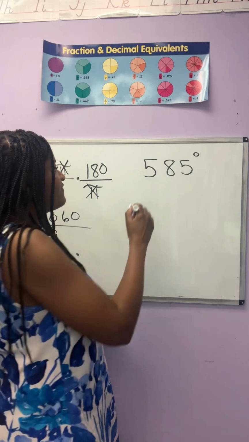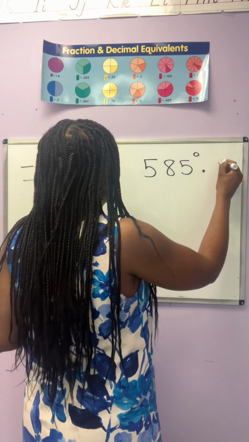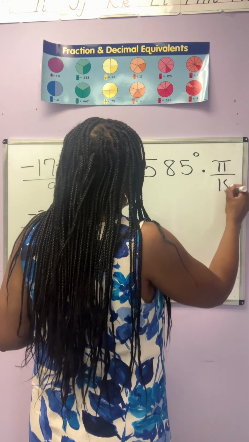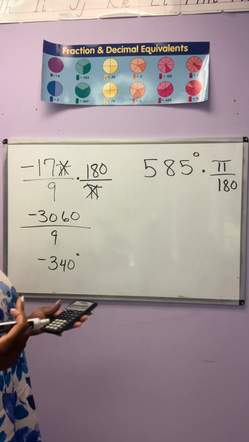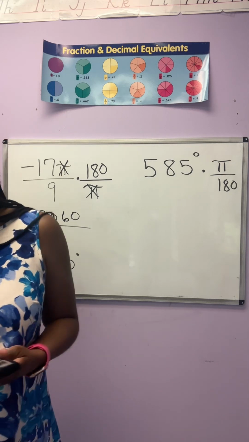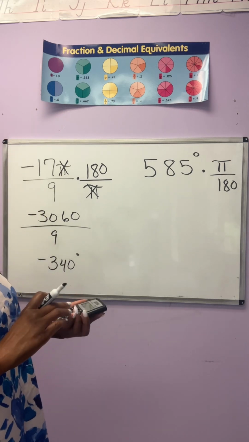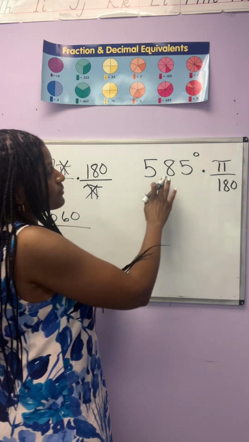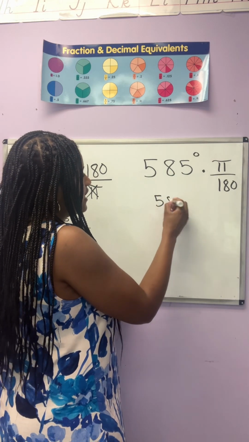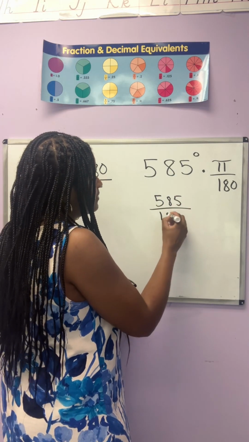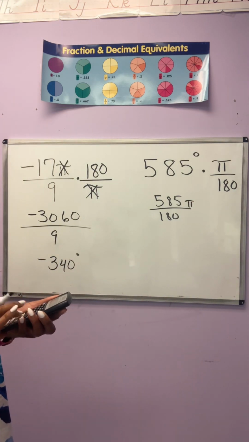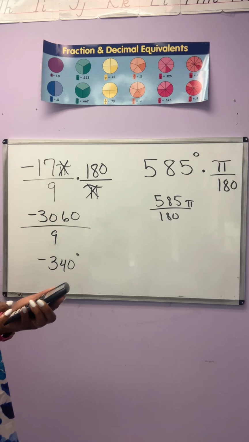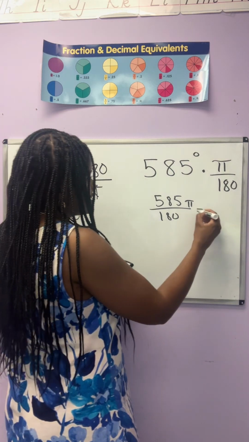Now 585, very similar. You're going to multiply by pi over 180. All right, and that's because 1 radian equals 180 degrees. So this one, we're going to multiply 585 times pi, and that's 585 over 180 pi. But we do need to simplify this. So think about your fractions and greatest common factor. Let's see.